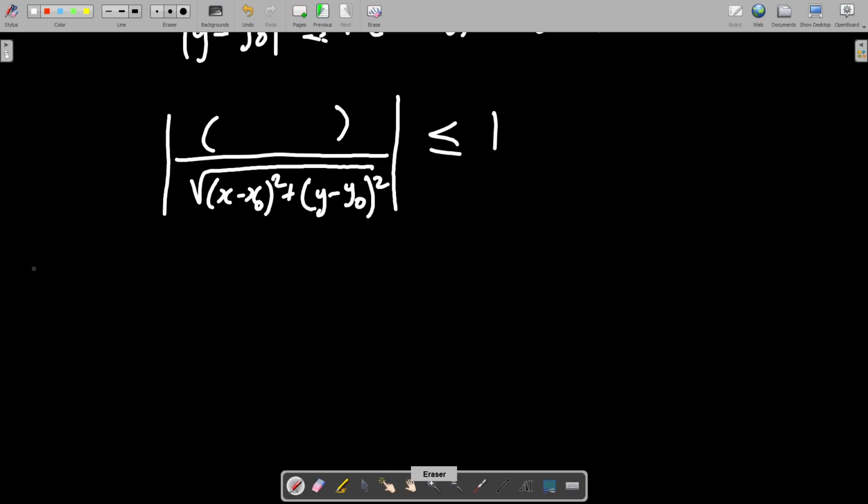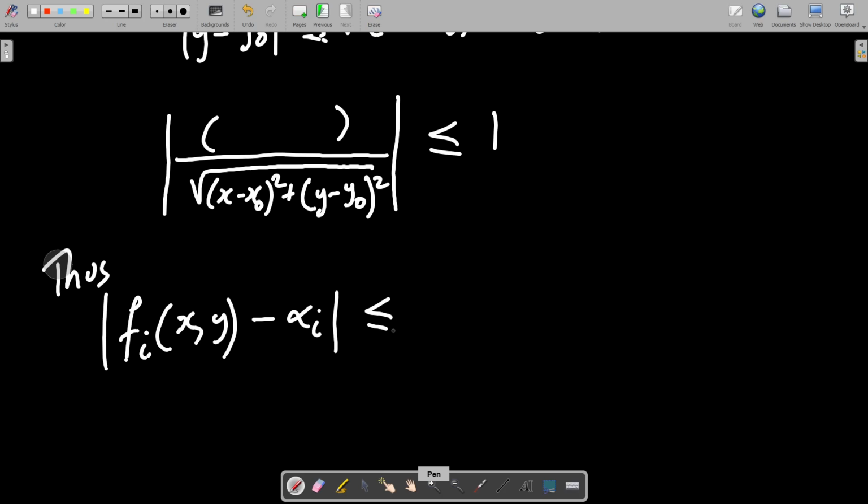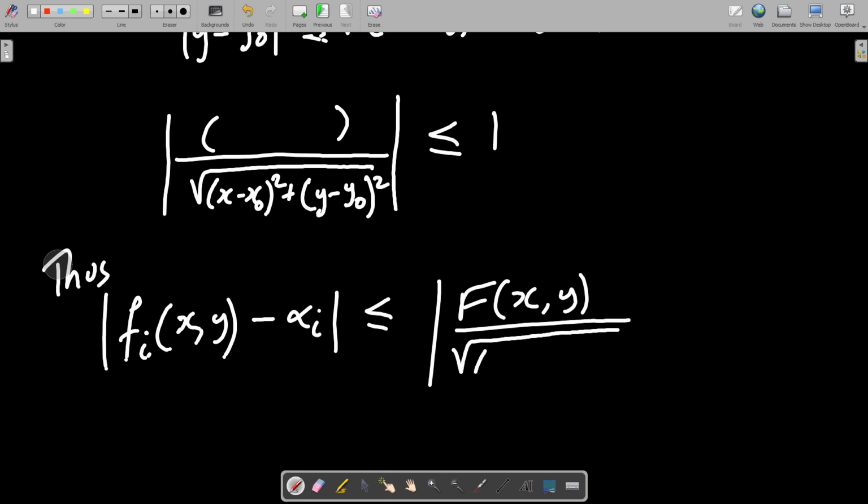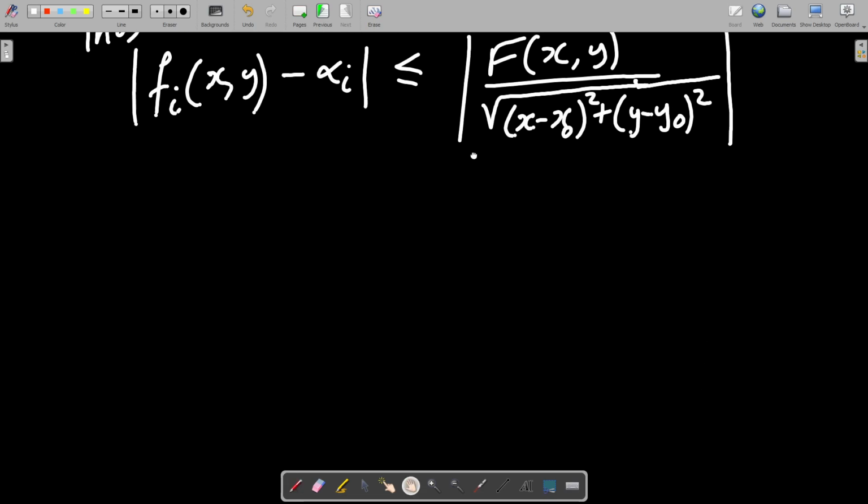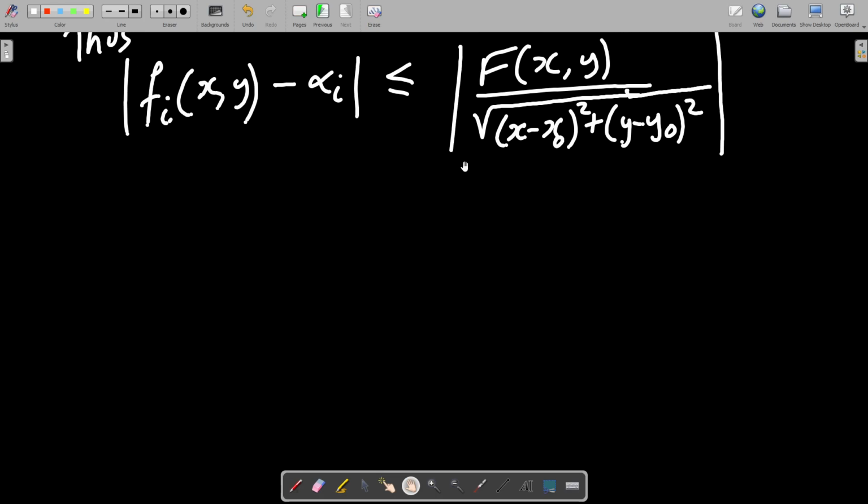So thus, modulus of f(x, y) minus alpha is less than or equal to this. So thus, this is what you get.